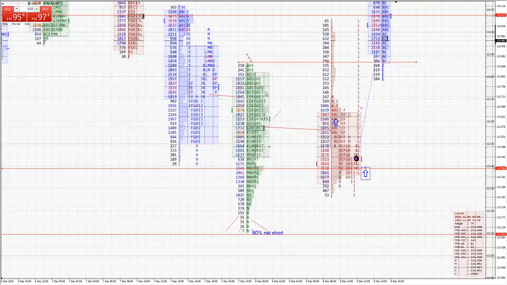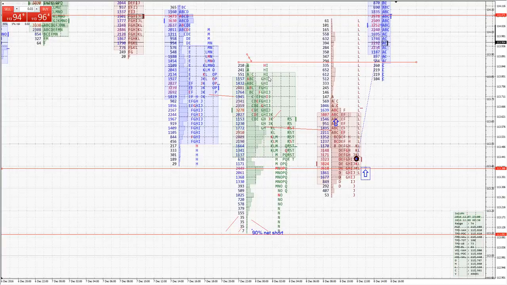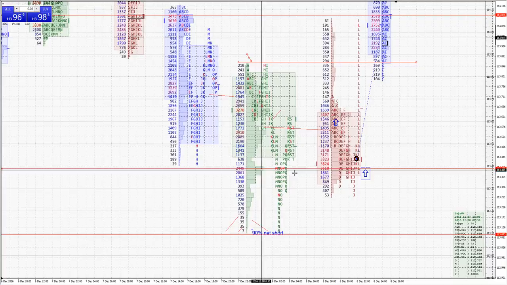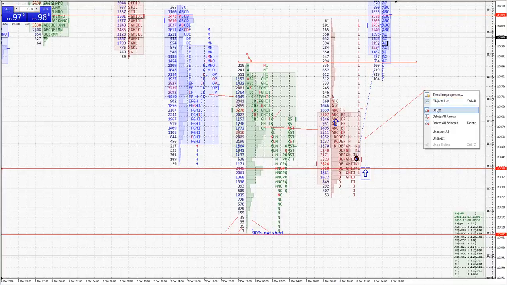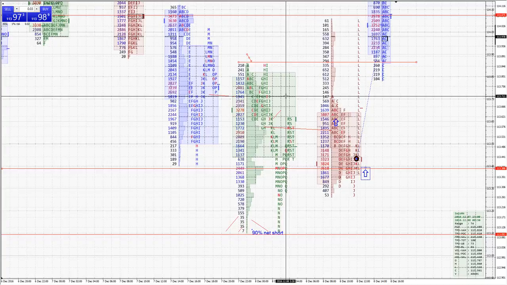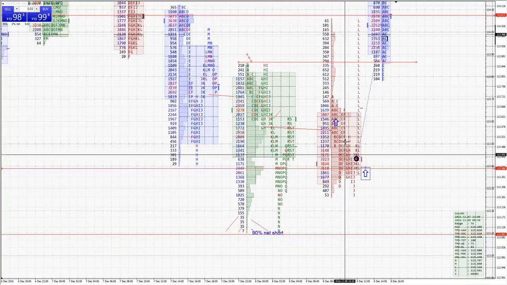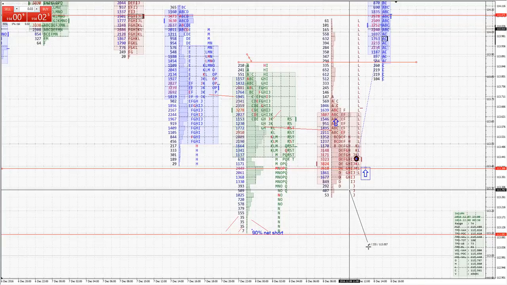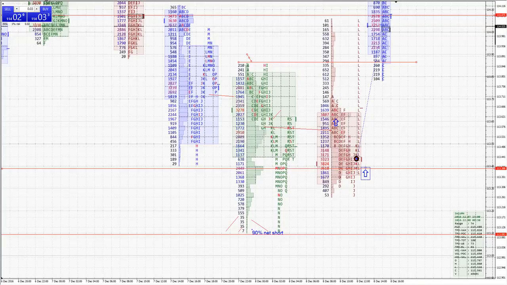So all the sellers from the overnight session need to cover and start to buy, and in that way secure that they will not hit stop, and protect their portfolio. So once they saw that they're not strong enough to push this lower, that they don't have power, this was a sign for me that I will buy here.